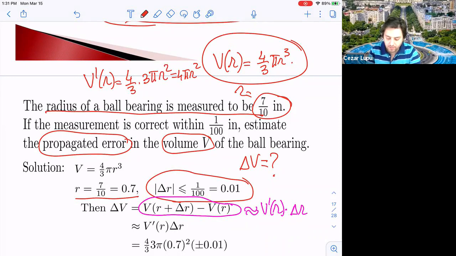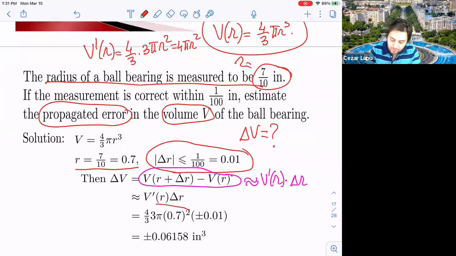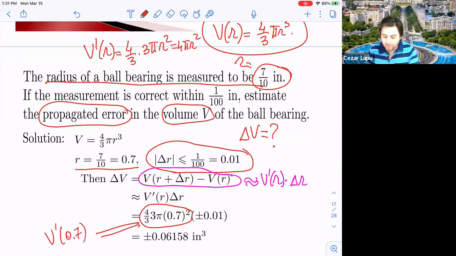The derivative is evaluated at the point r equals 0.7. So this is nothing else than V prime of 0.7. And now by just doing the algebra, we'll leave it to you.